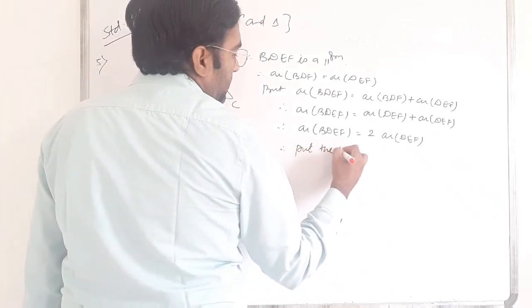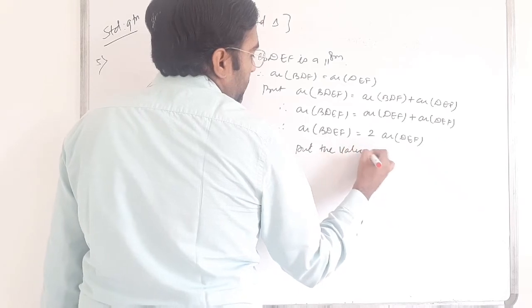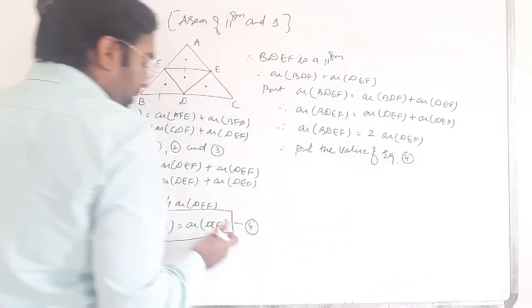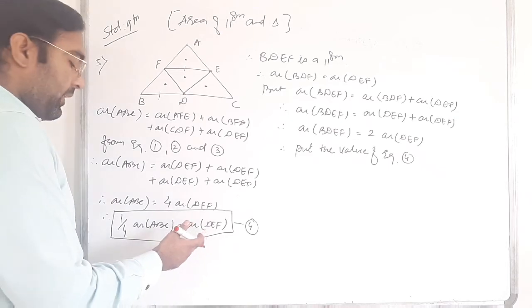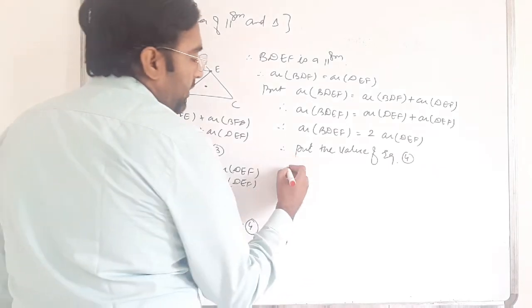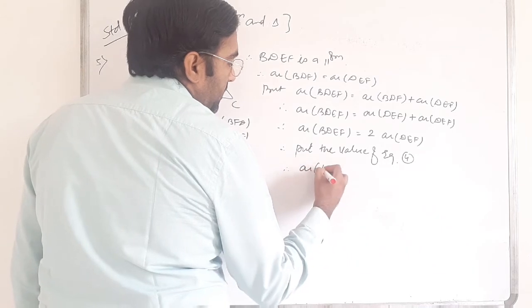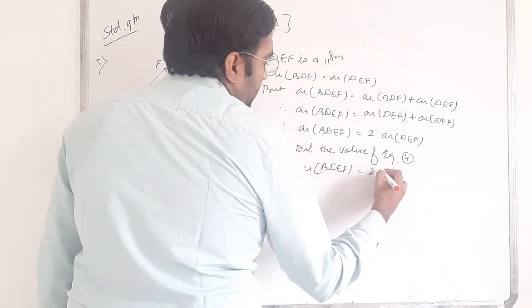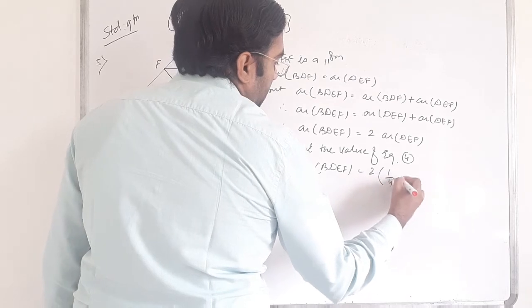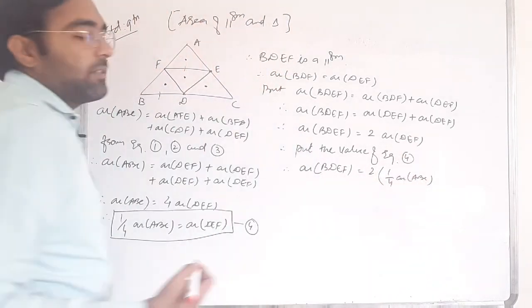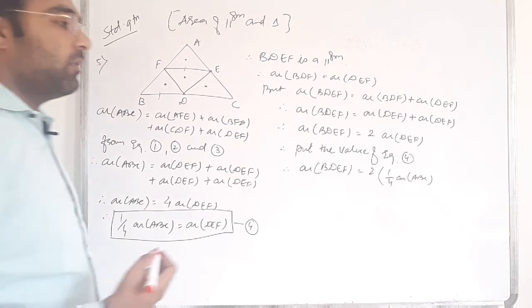Put the value of equation 4. Now the area of DEF is equal to 1/4 of the area of ABC. So I'll put that. Therefore area of BDEF is equal to 2 times 1/4 of the area of ABC in place of the area of DEF.